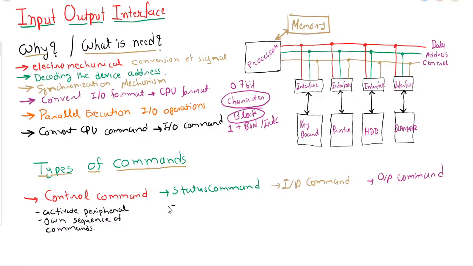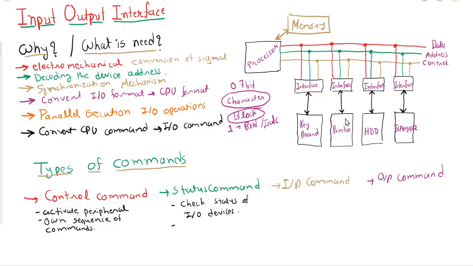Next command, status command. This command is mainly used to check the status of IO devices. For example, the computer wants to check the availability of a printer.